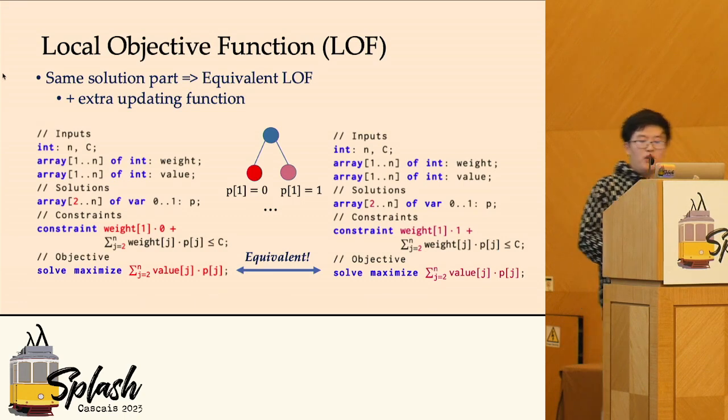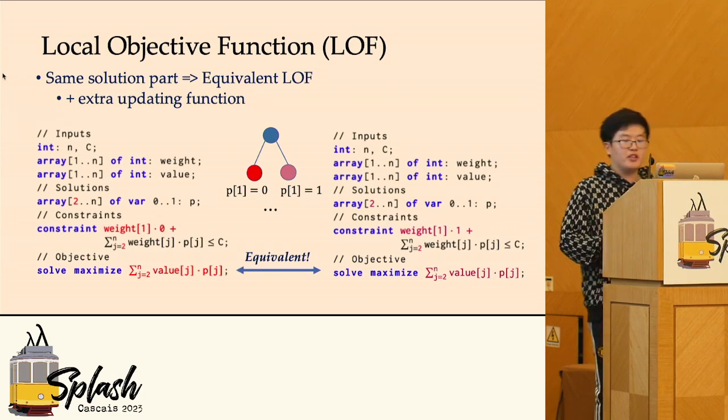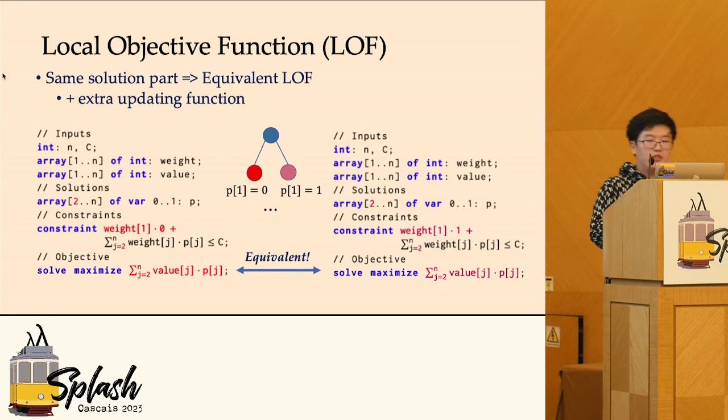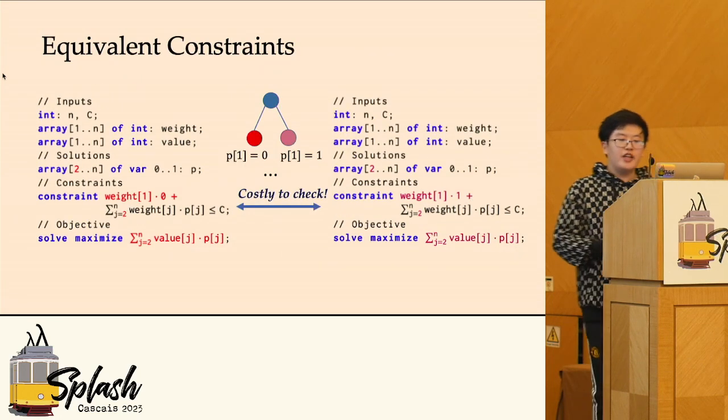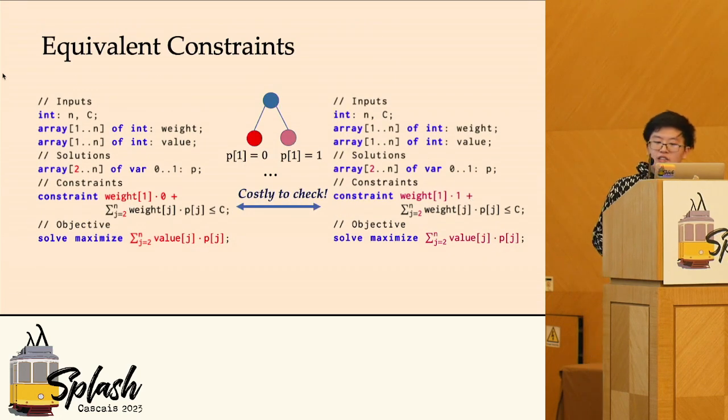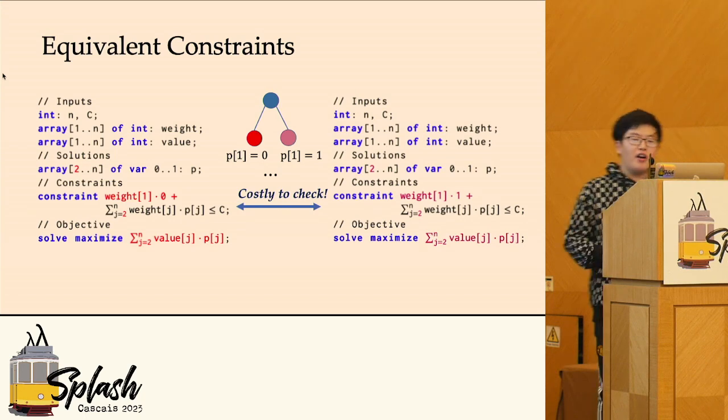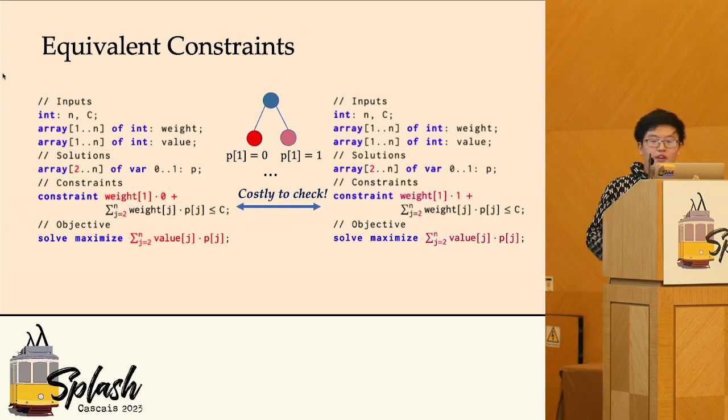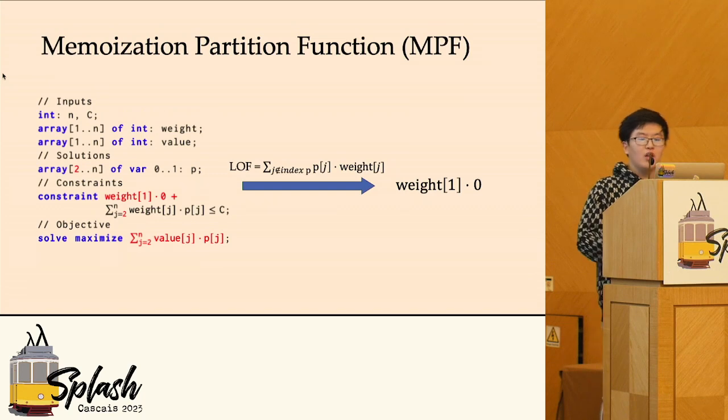Note that we also need an updating function for LOF to obtain the best solution of the parent subproblem from those of child subproblems. Finally, let's check the equivalent constraint condition. This condition can be generally checked via constraint solvers, but it would be very costly. Thus, we introduce the memoization partition function, MPF.